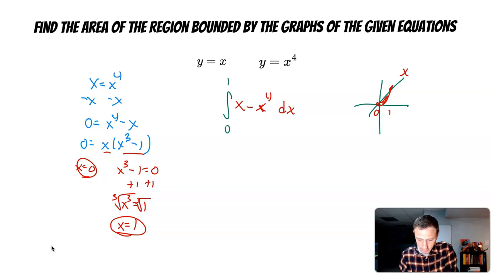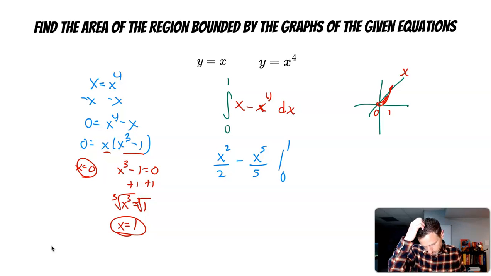And then from here, it's just a normal integration problem. So I'm going to have x to the second over 2 minus x to the fifth over 5, from 0 to 1. Plug in 1, so I'm going to have 1 squared, which is 1, over 2, minus 1 to the fifth, which is 1, over 5.